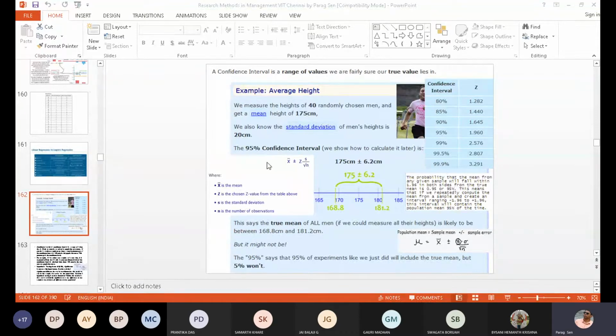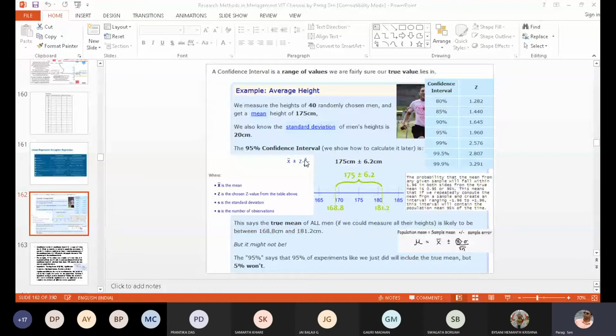In this case, we have selected 40 observations, so here we put 40. And the standard deviation is 20 centimeters, so you put 20 here. So 20 divided by root 40.